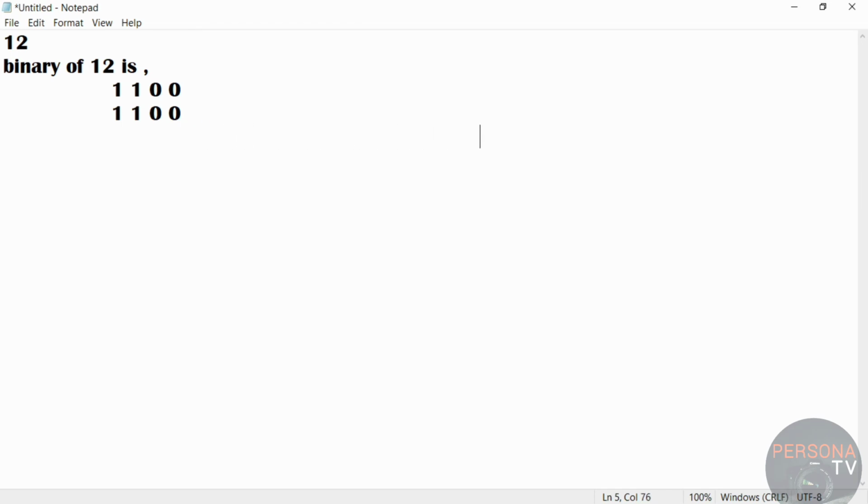As you know, when the first condition is 1 and the second condition is 1, the output will be 1. What is the rule for the AND operation? If any condition is false, then false.